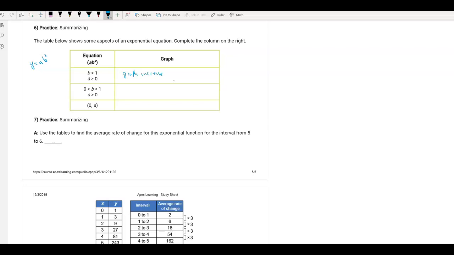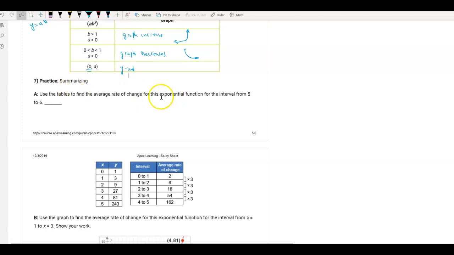So it would look something like this if you were to graph it. If it's between 0 and 1, meaning it's a fraction or decimal less than 1 but greater than 0, the graph decreases, meaning it's exponential decay. So it would look something like this. And again, when your x value is 0, you know you have the y-intercept.